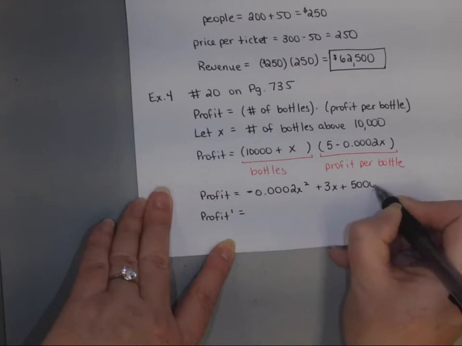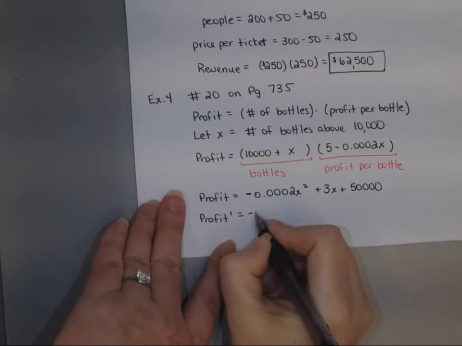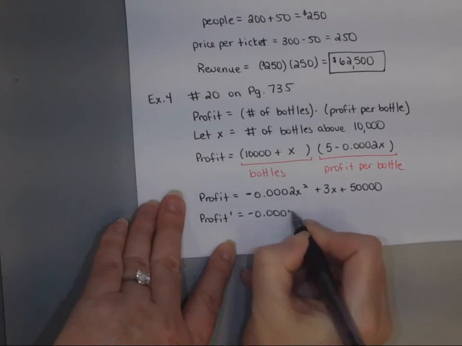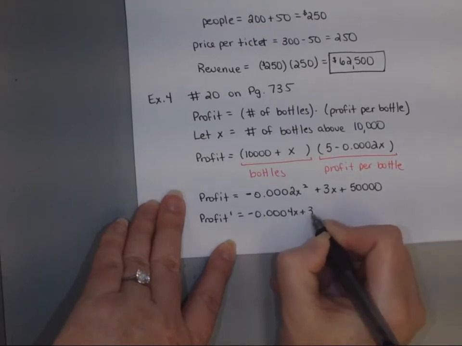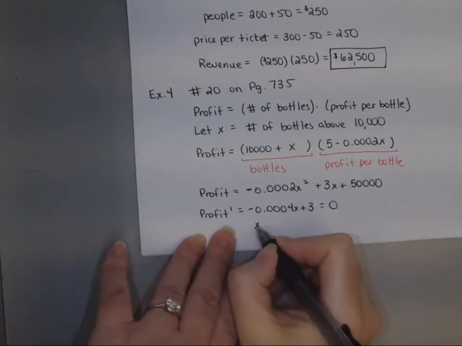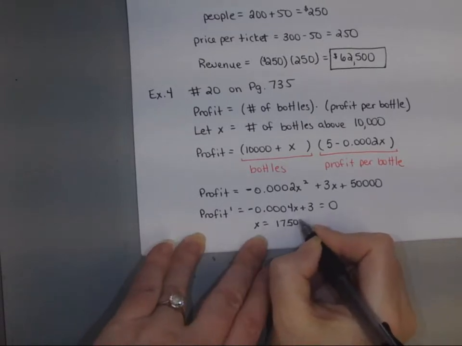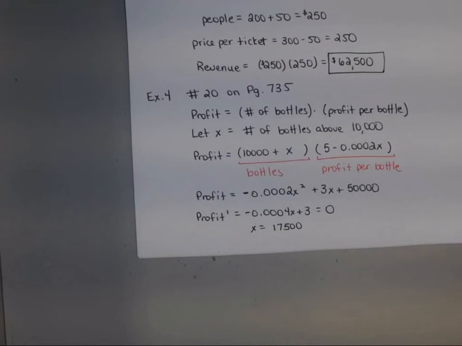So when you take the derivative of that, that's going to be negative 0.0004x, right? Plus 3 equals 0. Okay, so if you work that out, you should get X equals, I think I got 17,500. Wait, I got 7,500, sorry.